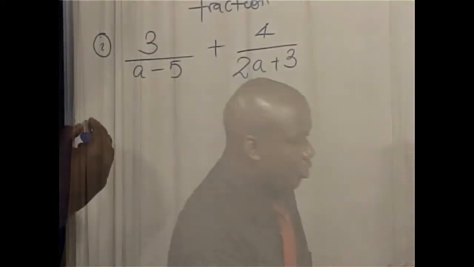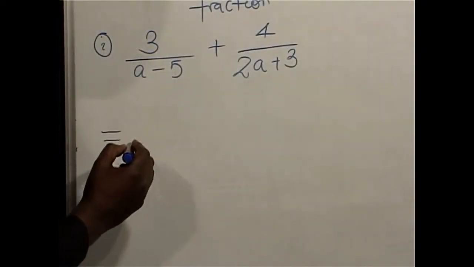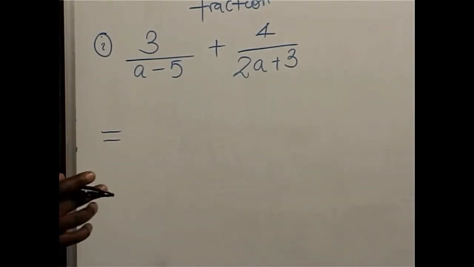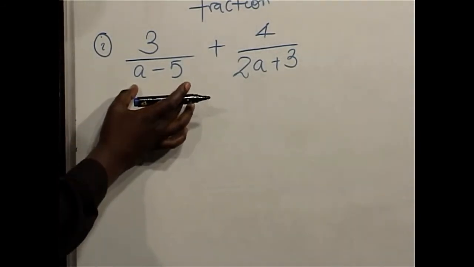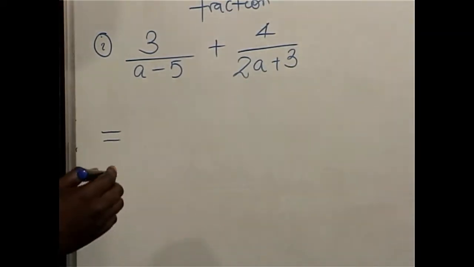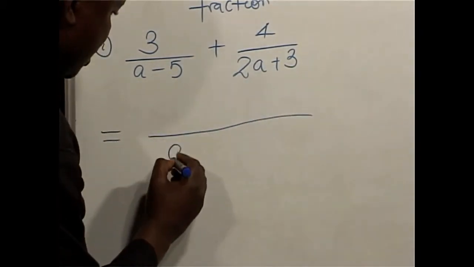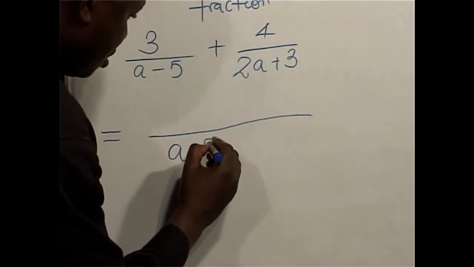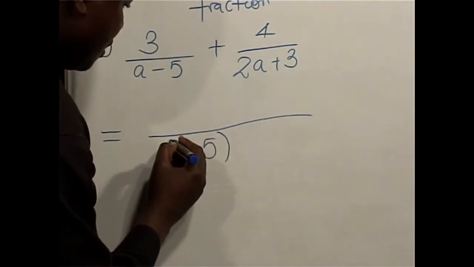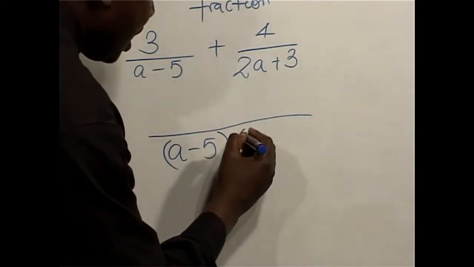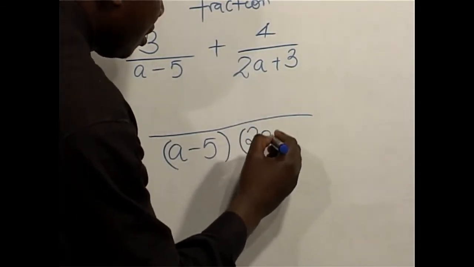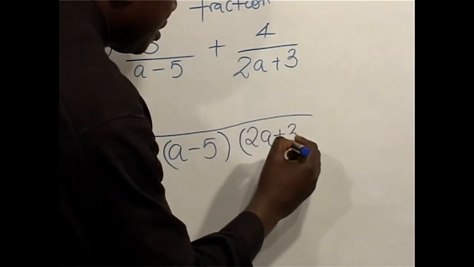So the lowest common denominator in this case is simply going to be the product of this denominator and this other denominator. So it will come out as a minus 5 multiplied by 2a plus 3.